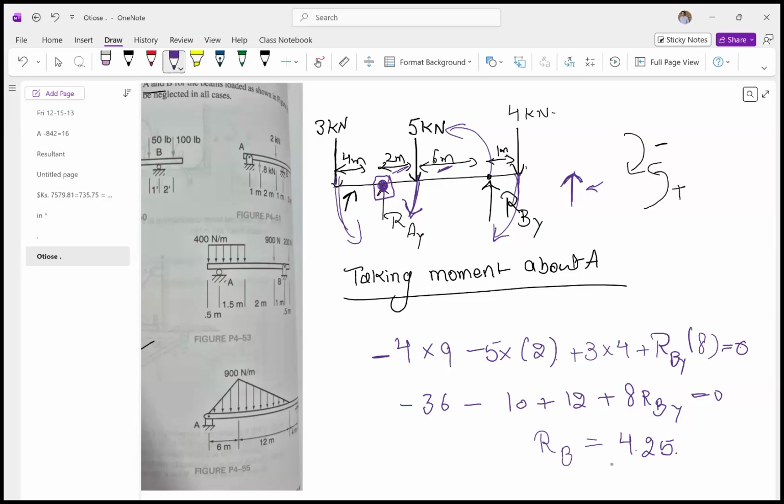If by chance this value had come out negative, then in my final answer I would have shown RB as 4.25 in the downward direction. But right now it is a positive number, so I'll show it as upward. Positive means upward. All right, so this was for RB.